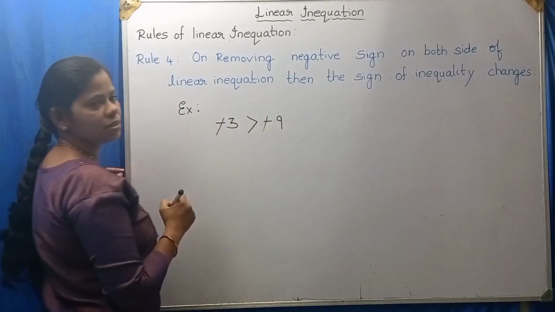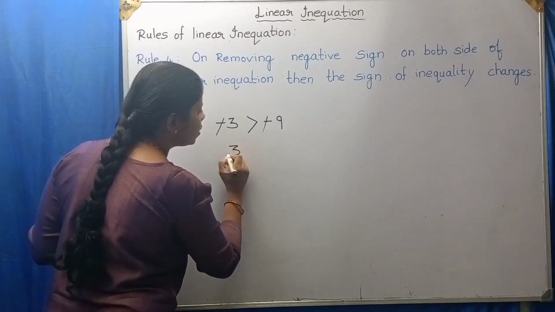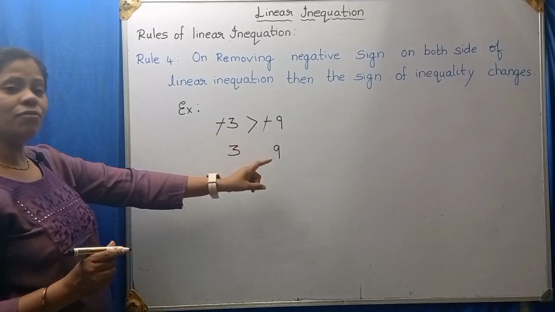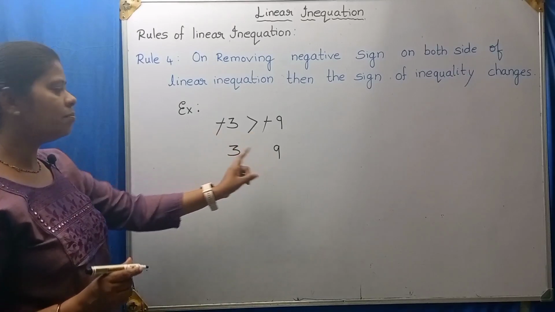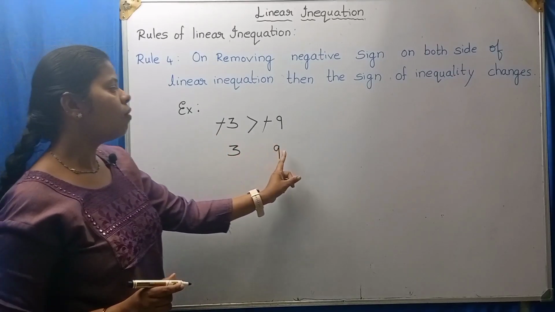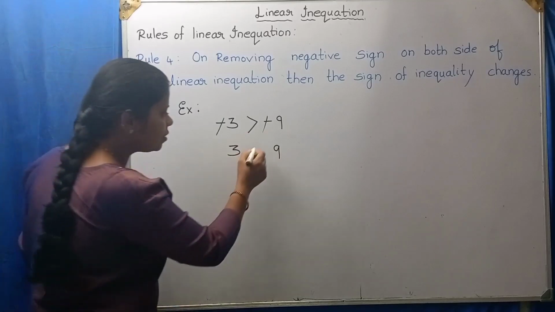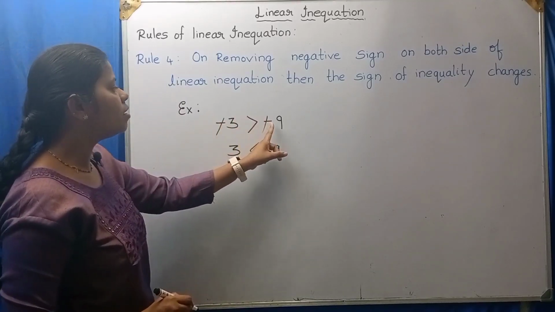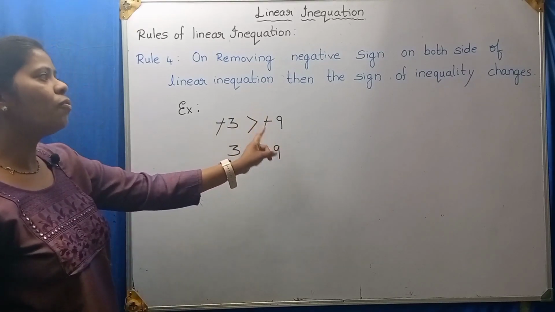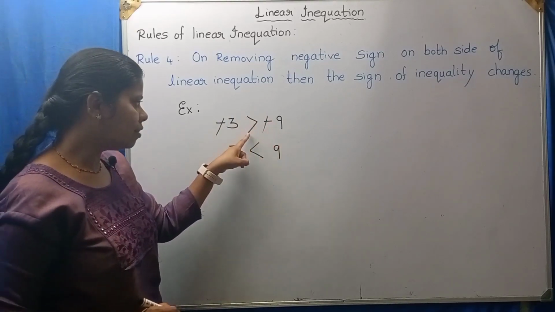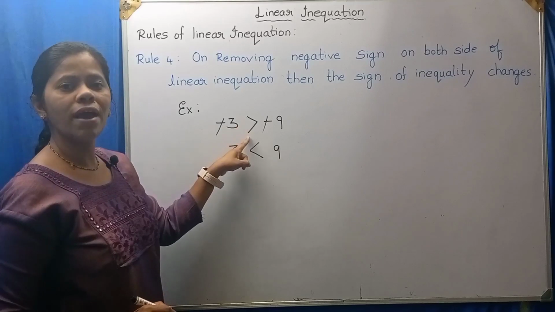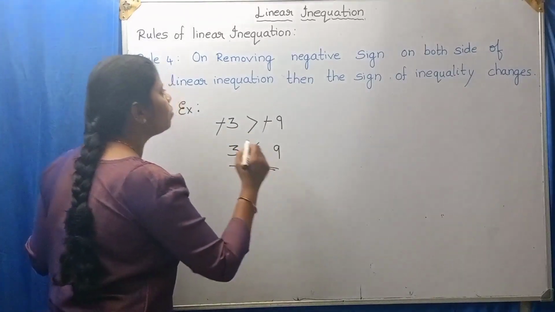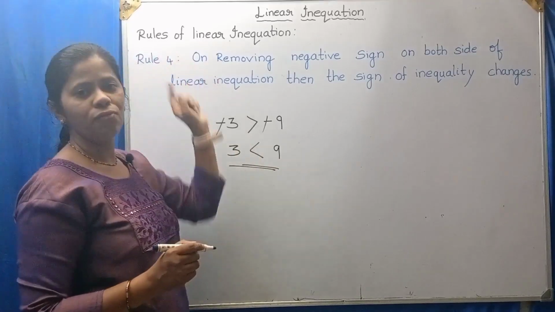Then it will become 3 and 9. Now you tell me whether 3 is greater or 9 is greater. 9 is greater, right? It means that on removing the negative sign on both sides, the sign of inequality changes. This is the meaning of rule 4.